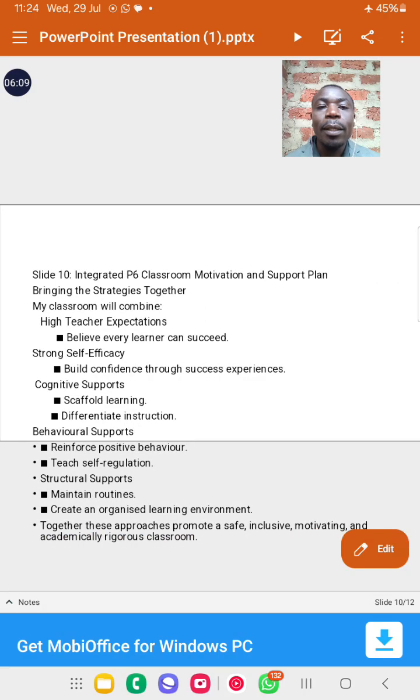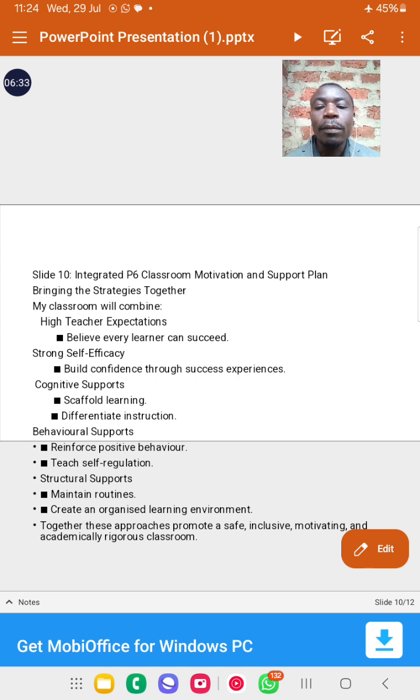In my next slide, I'm looking at the integrated P6 motivation support plan, which includes high teacher expectation: we believe that every learner can succeed. In self-efficacy, we build confidence through success experiences.